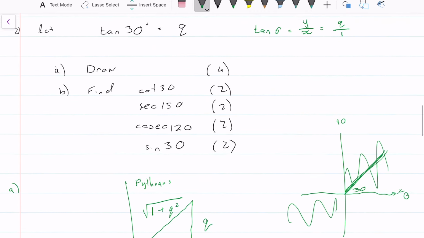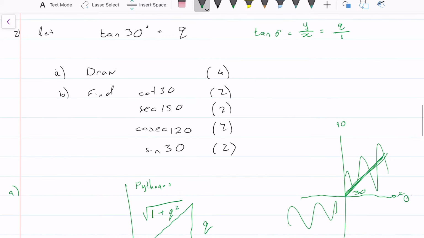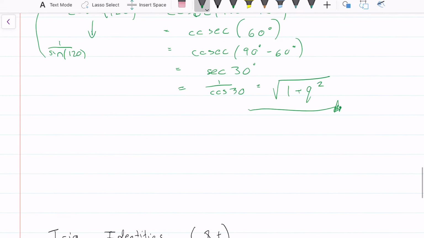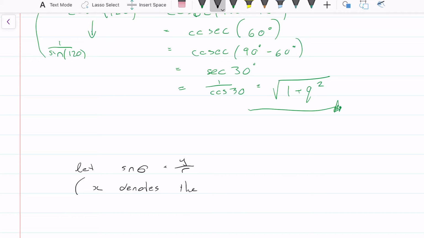So that's the question we have for that. This is probably one of the harder questions you will ever get. Then I just wanted to do a very quick question that I had made up, which was: let sine theta equal y over r, and additionally x denotes the x value or x length.